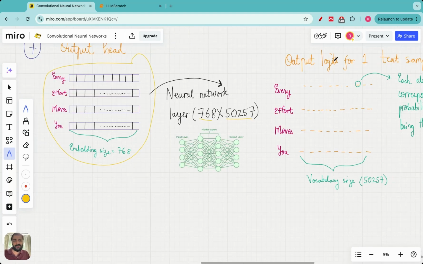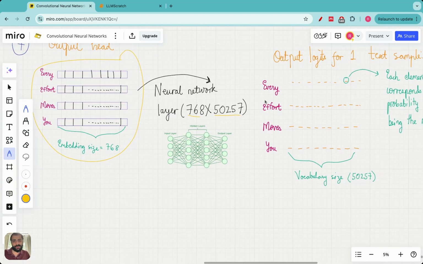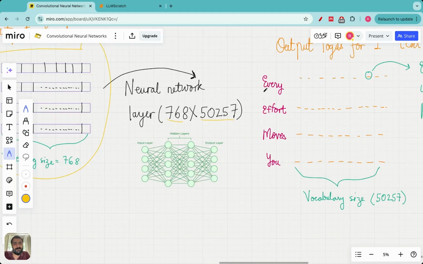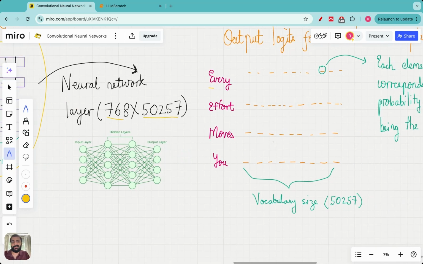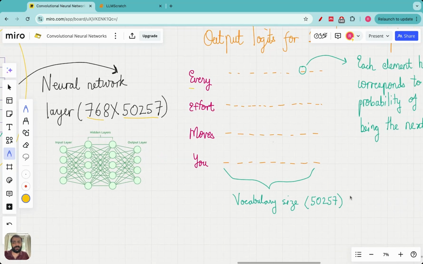This logits matrix has 4 rows, because we have 4 tokens, Every effort moves you, and the number of columns here is not equal to 768. The number of columns is equal to the vocabulary size, because we are passing the input through a neural network whose final output size is 50257.